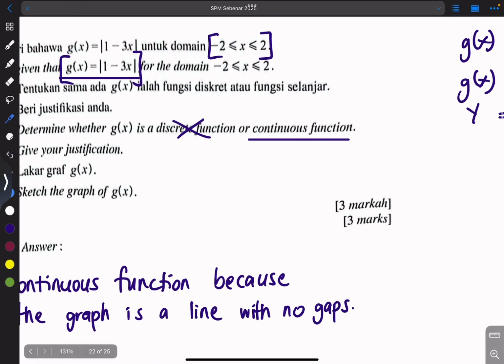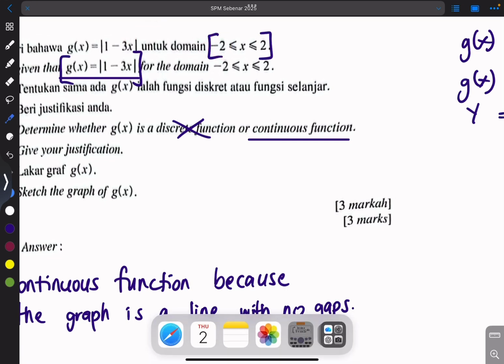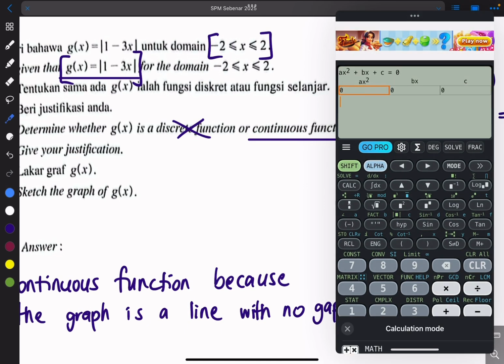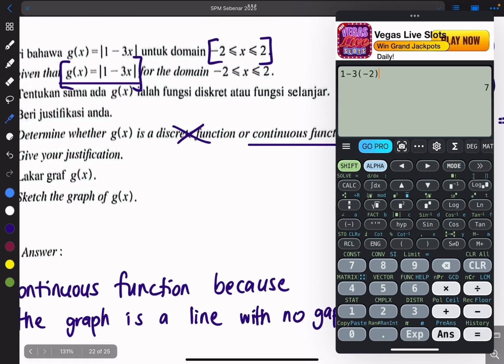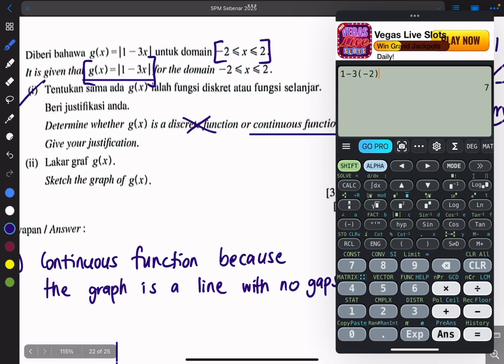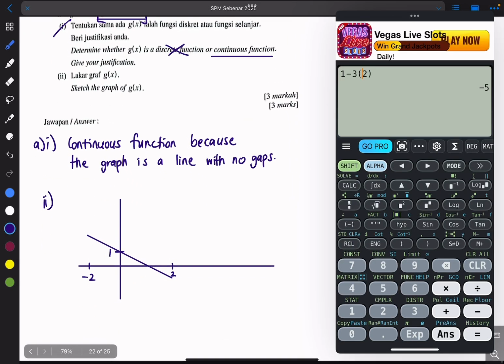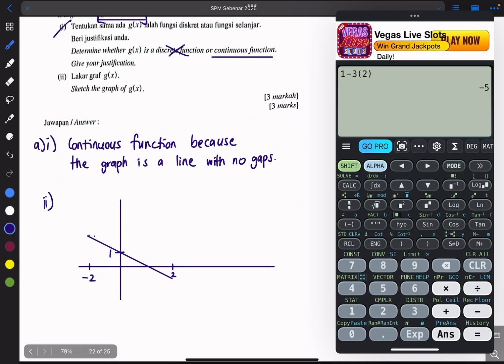So when x is negative 2, we put this inside here: 1 minus 3 times negative 2. We get 7. So negative 2, 7. And then when we substitute 2 inside, we get negative 5. So 2, negative 5.